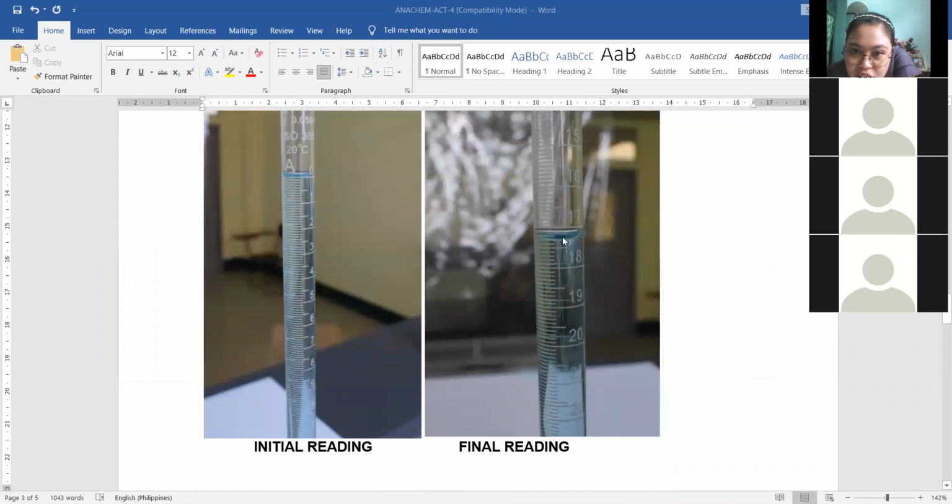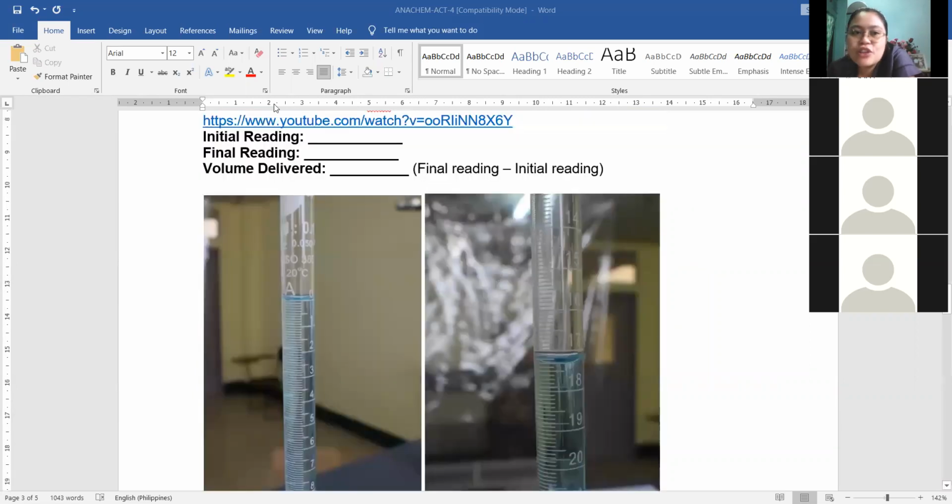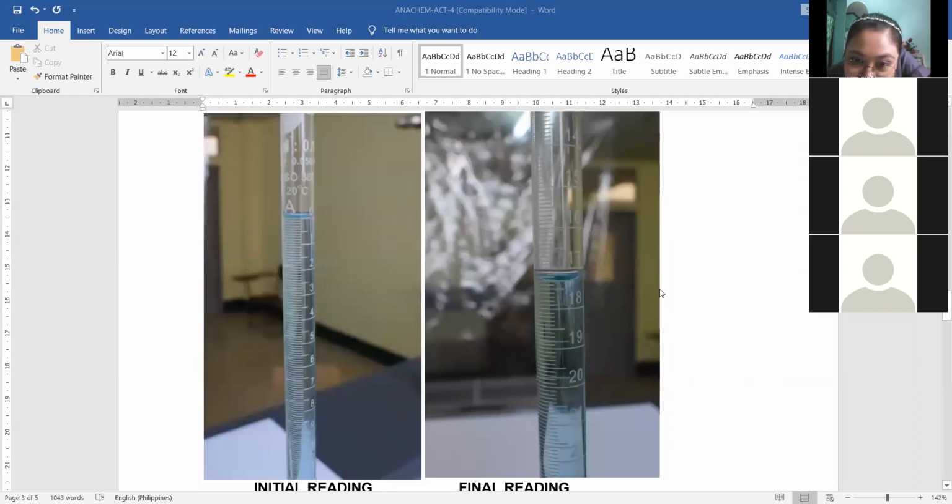So, titingnan niyo dito ngayon kung ano ba talaga ang final reading niyan. And then, i-minus niyo, you will get the volume delivered. Questions about this? I-download ninyo ang copy sa activity para maklaro ninyo unsang volume ang gi-measure sa final reading.